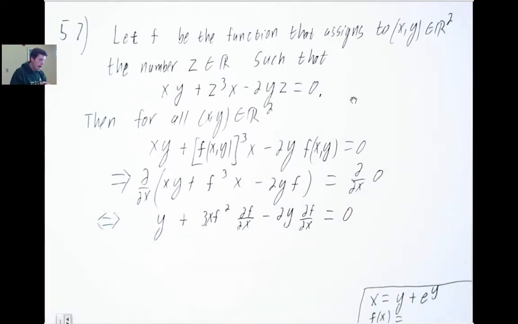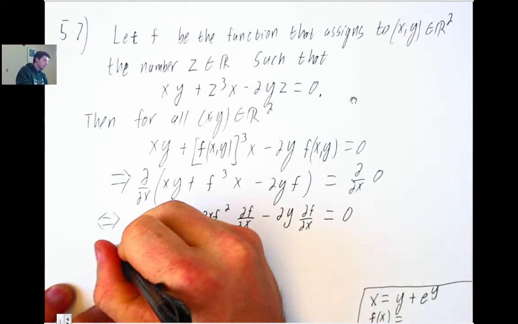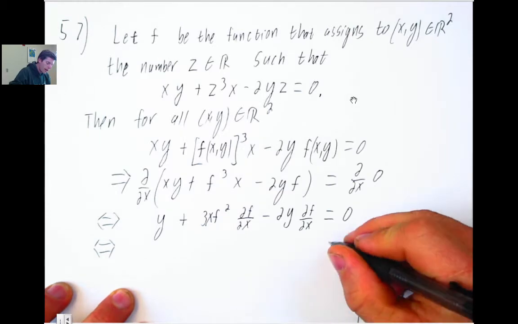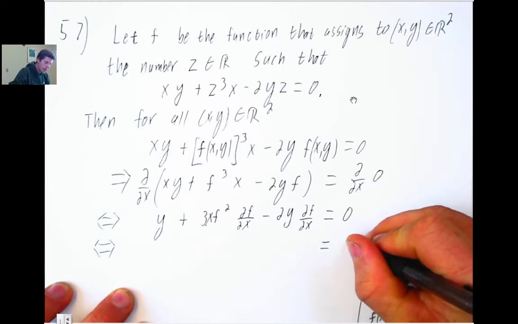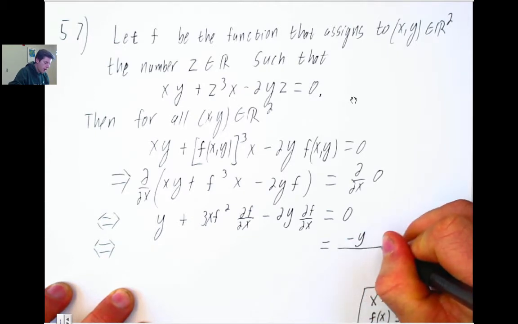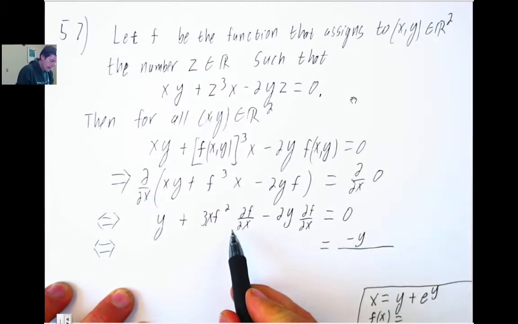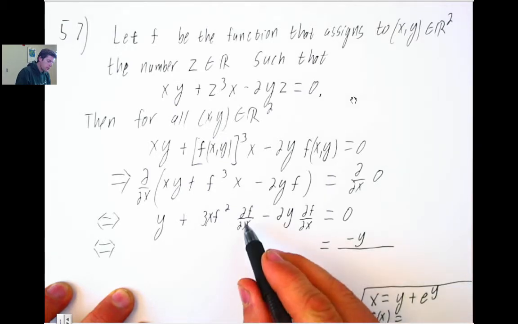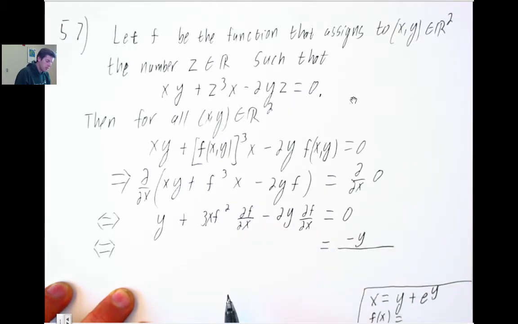Now, I can algebraically rearrange this for df dx as a function of x and y, no problem, right? Let's see. I will put the y on the other side with a negative sign, and then I will think about factoring out the coefficients of df dx here and here.